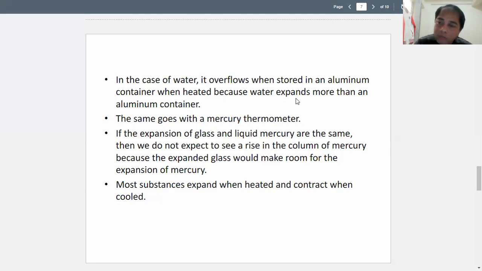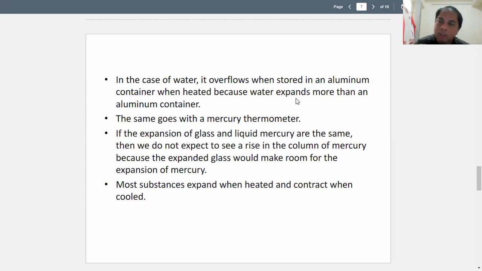The cooled version of water, or the solid version of water, is called ice. You'll notice that ice is always floating in water because its density becomes lesser. Given the same mass of liquid water and the same mass of ice, the volume of the ice is larger than that equal amount of water, so their densities are different. Again, if you recall, density is mass divided by volume.